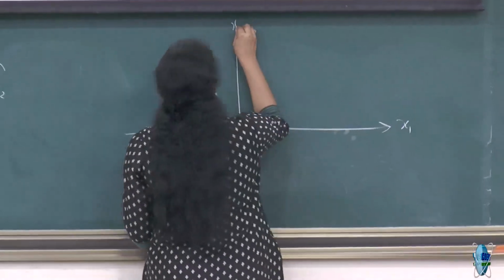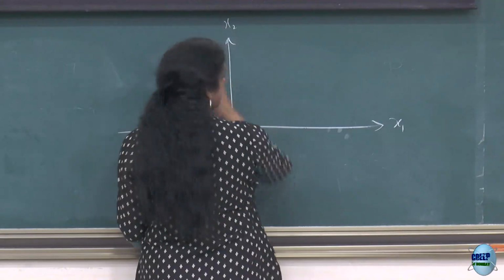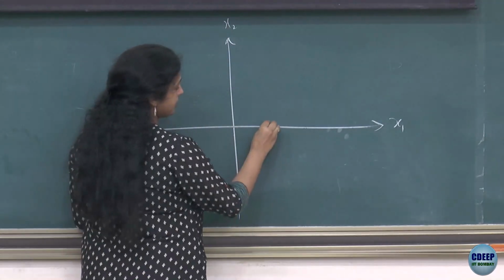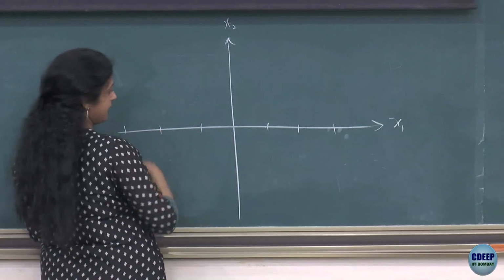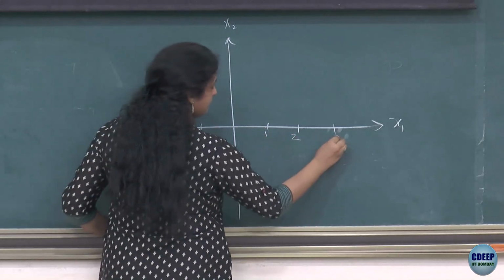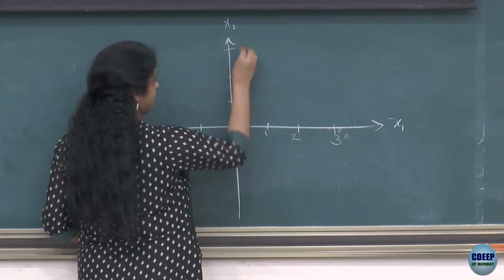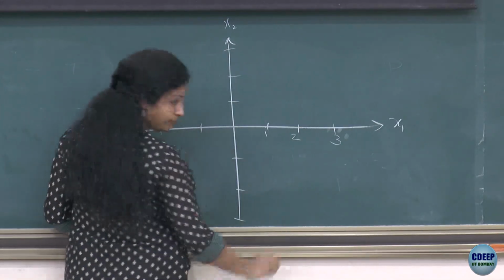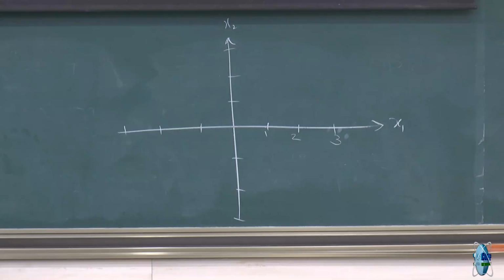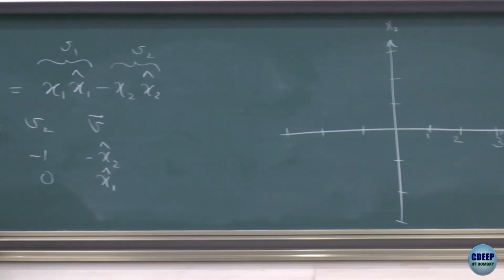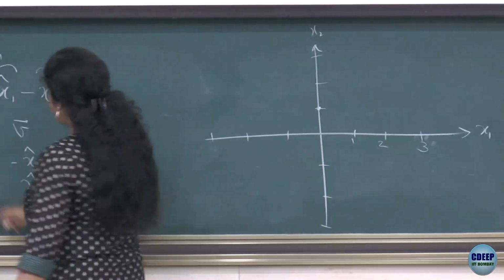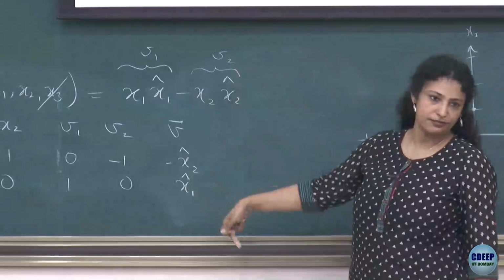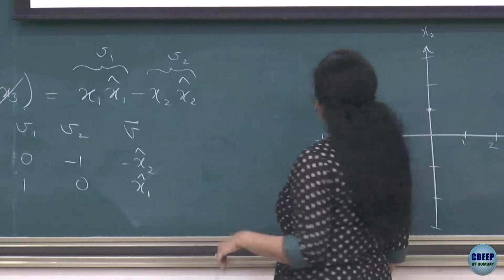So this is x1, x2. So let's say this is 1, 2, 3, minus 1, minus 2, minus 3. And similarly, 0, 1 would be here, and the velocity here is in the negative 2 direction with a unit of 1.